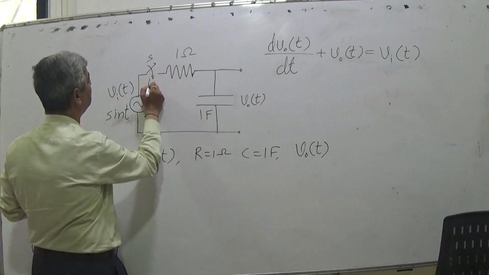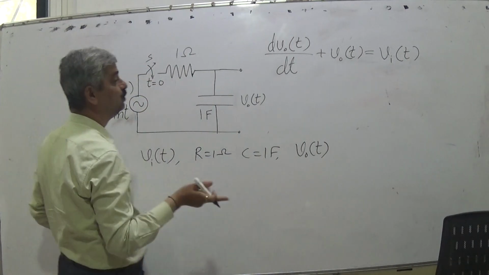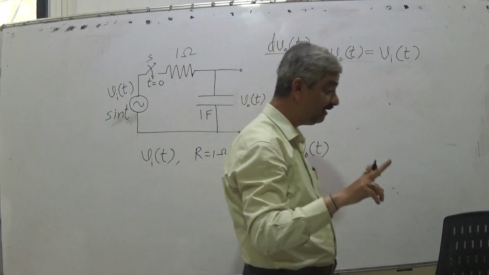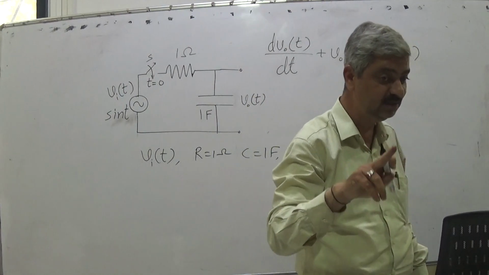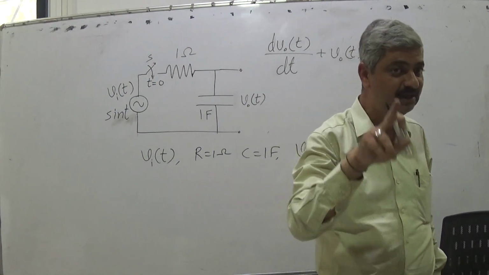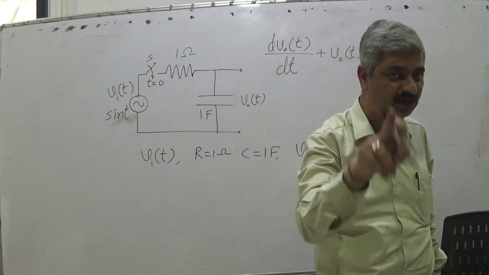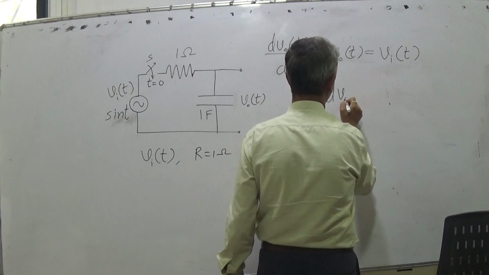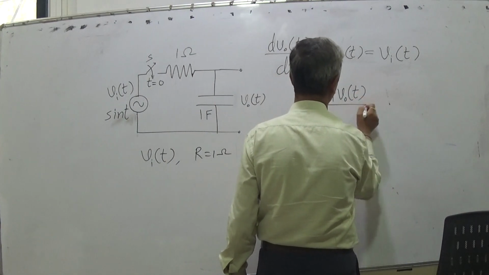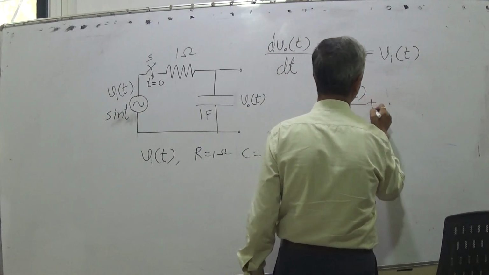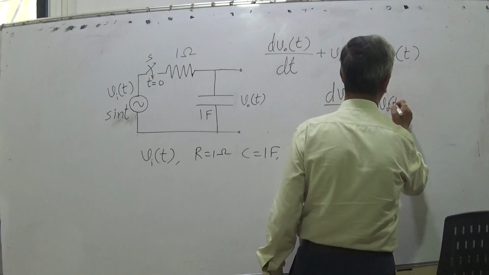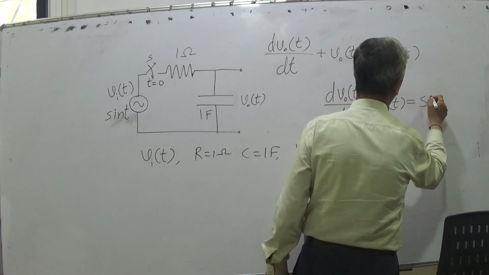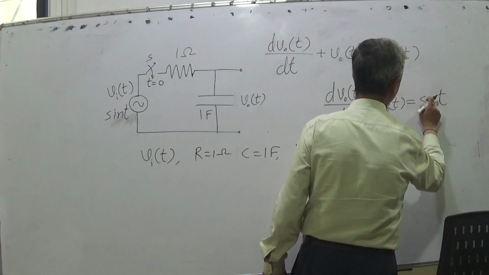So remember, very important, for t equal to 0 onwards, the differential equation of the circuit is dVo(t)/dt plus Vo(t) is equal to sin t.